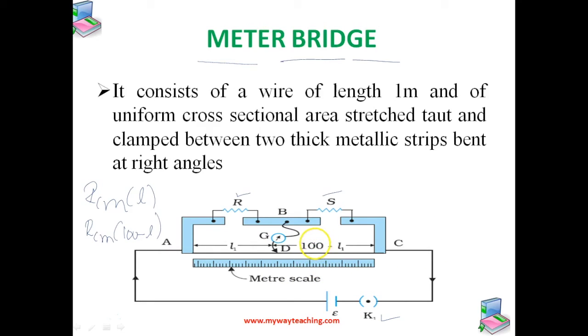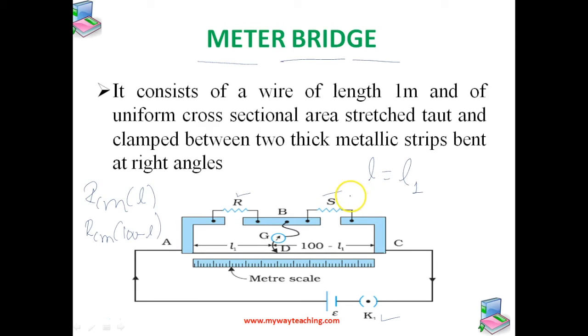If we move this jockey along the wire, there will be one position where the galvanometer will show no current. Let the distance of the jockey from end A at the balance point be L equal to L1, where current is 0.